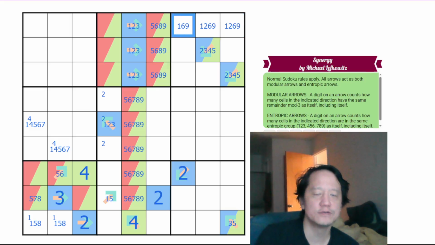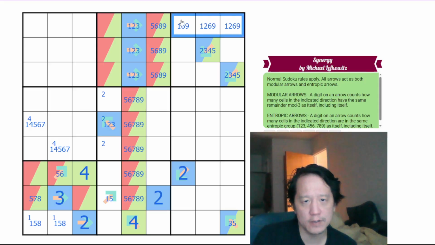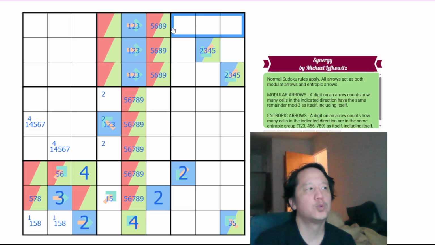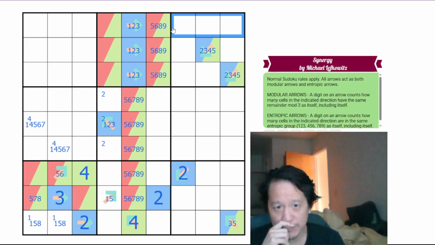So obviously no 2 there. So we have in this box, it's going to be 3, 4, or 7, all in the same row, with the same row as 2.